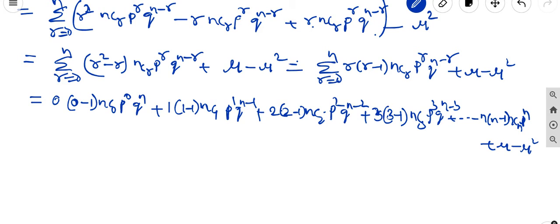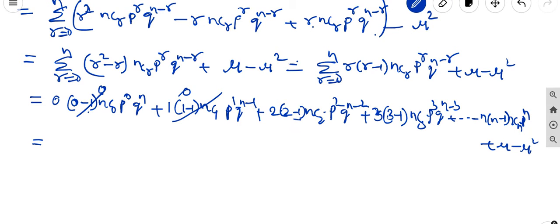In the previous step we got r square, so there was no relation, that's why we are adding minus r NCR p power r q power n minus r plus r. So these first two terms are zeros, since 1 minus 1 is 0 and 0 into something is 0.